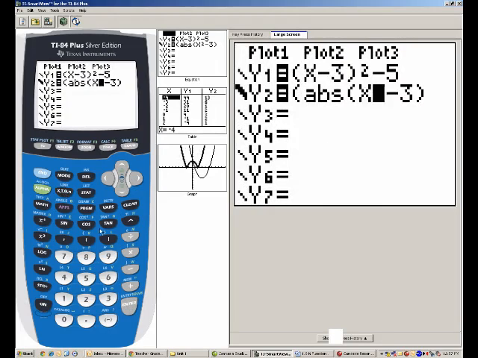I'm going to keep my x in, that's what I'm taking the absolute value of. I'm only taking the absolute value of x. Then I'm going to subtract 3, square all of that, and subtract 5. All I've done from changing this was put absolute value around that x.